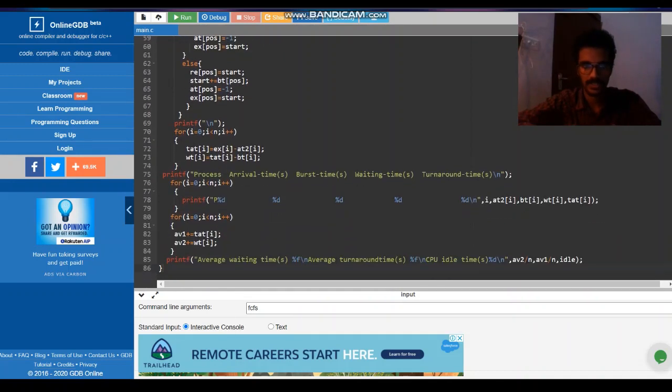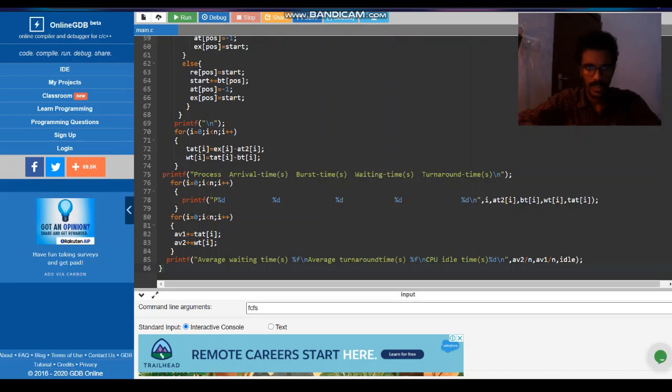So that's all these functions, and then my printf backslash n goes to the next line. Then for i equal to 0, i plus plus, both the functions are very important to calculate the waiting time and the average time. So with printf, this is how my table is going to come: process, arrival time, burst time, waiting time, turnaround time, and then you're just printing it and adding all the variables.